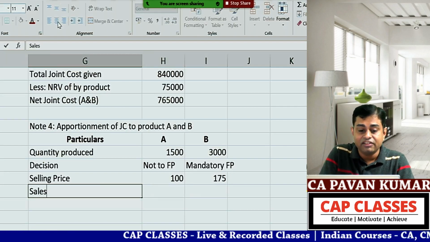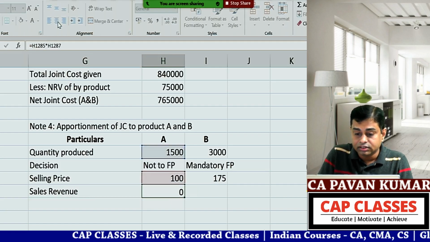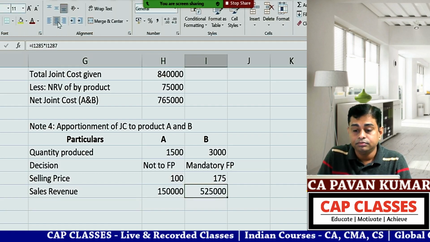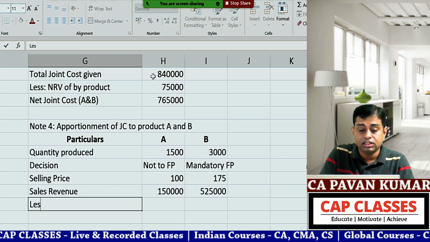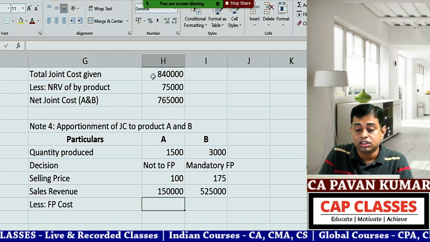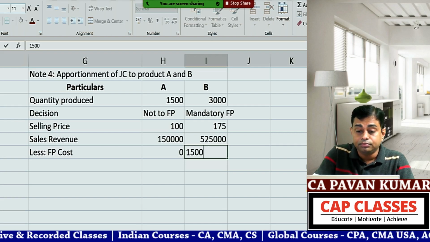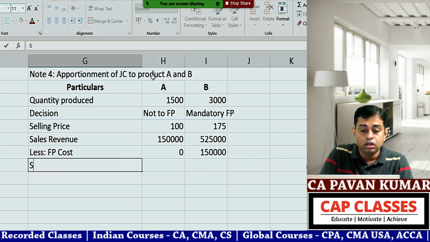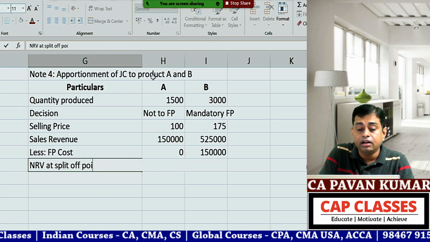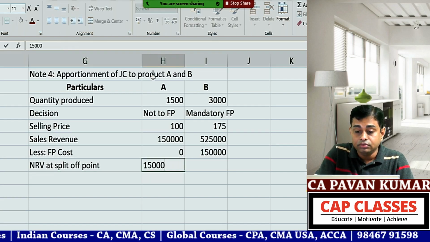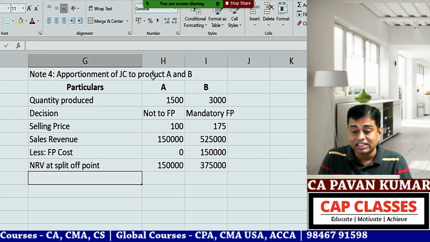So can I say sales revenue is this into this, 1,50,000 and 5,25,000, correct? Then less further processing cost. Here 0, not applicable. Why? I am not doing further processing. Here 1,50,000. So net realizable value at split off point is 1,50,000, and here it is 5,25,000 minus 1,50,000, that is 3,75,000.